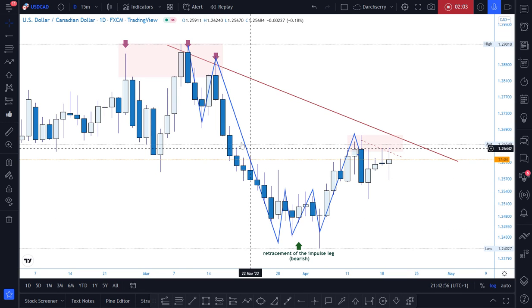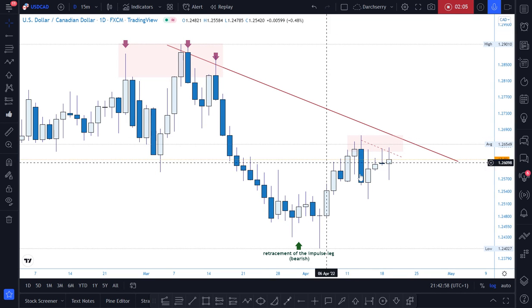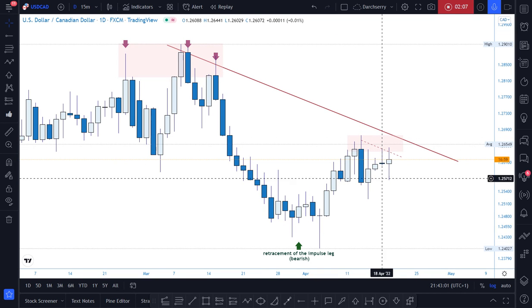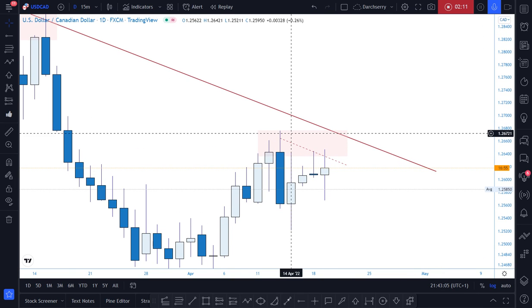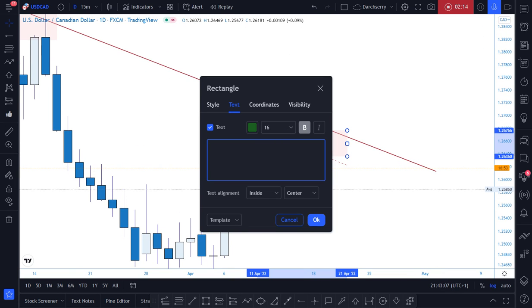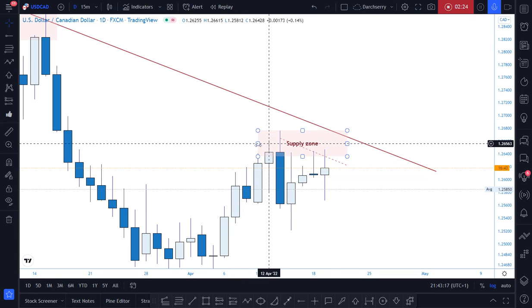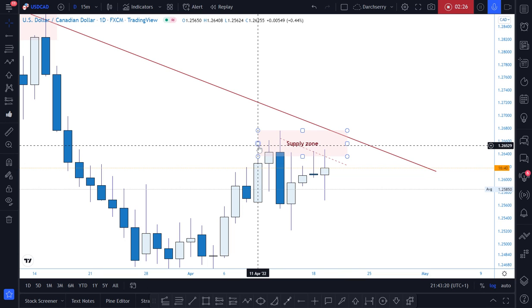So with this said, now it appears we're having another supply zone around 1.265, which I highlighted here. Supply zone. Let me give this red and inside center. Okay, good. So I think we're having a supply zone around this 1.265 area.